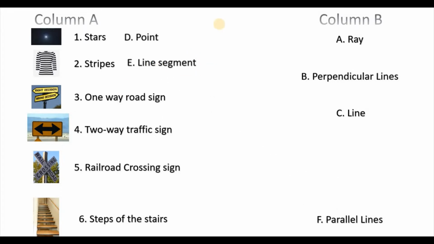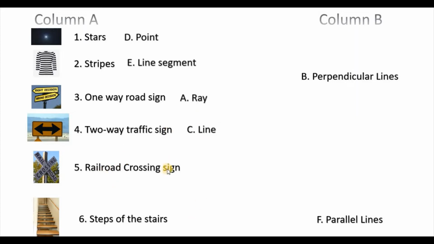Because it doesn't extend in both directions. For number 3, one-way road sign. Since it only extends in one direction, it represents ray. And then for number 4, two-way traffic sign, since it extends in both directions, it represents line.